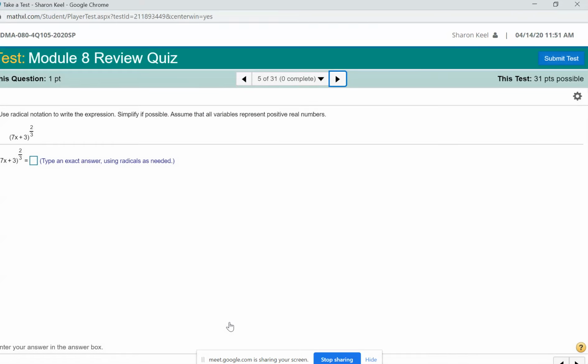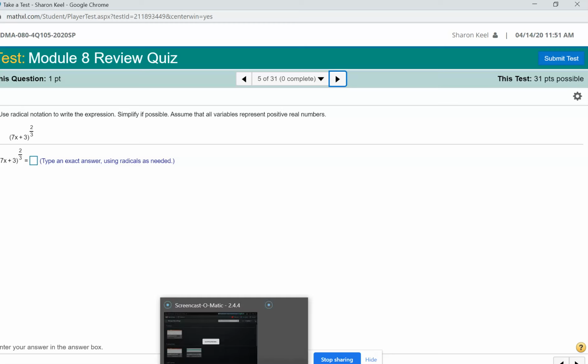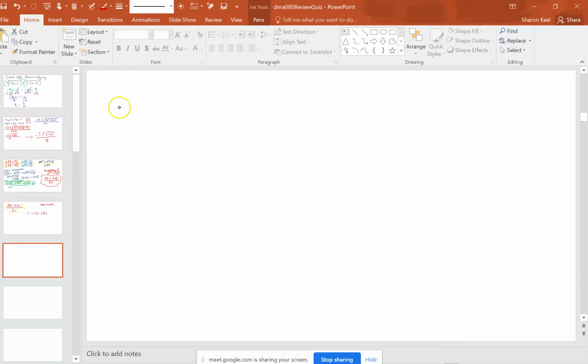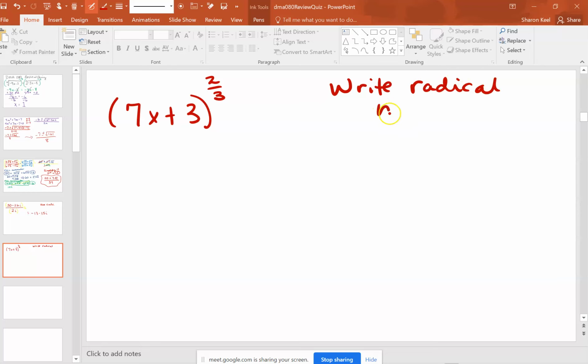Okay, use radical notation to write the expression 7x plus 3 raised to the 2/3. And they want us to write radical notation. All we're going to do is write this in the form of a radical. So let me write the little notes like we'd had before.